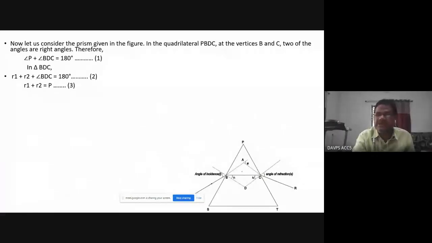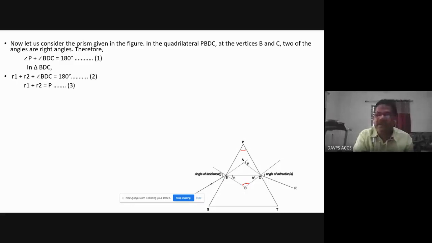Just get clear. This angle plus this angle is 180, and R1, R2 plus this is 180. Equalize these both, so which angle will be cancelled?